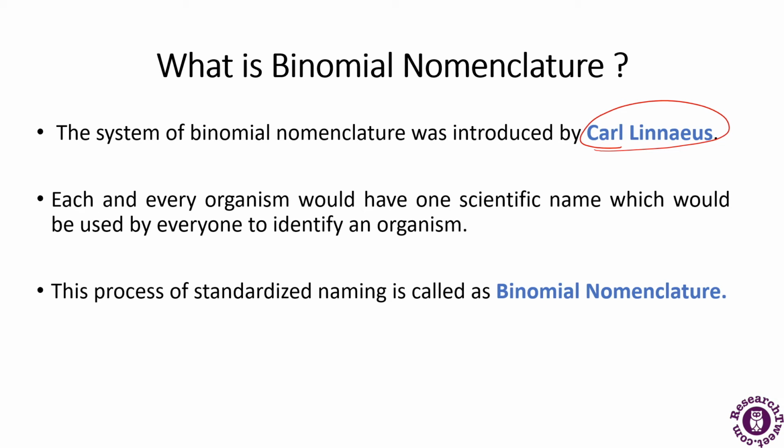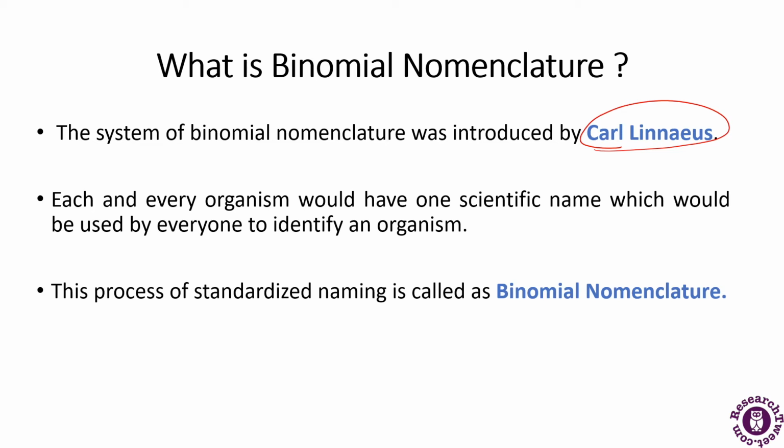So to get rid of this confusion, a standard protocol came up, according to which each and every organism would have one scientific name which would be used by everyone to identify an organism. So this is a standardized system, and this standardized naming process is called binomial nomenclature.